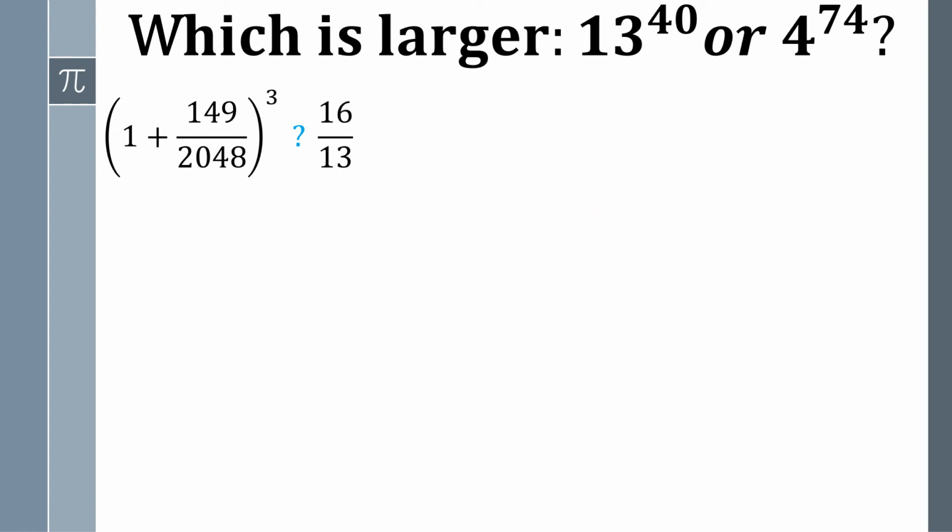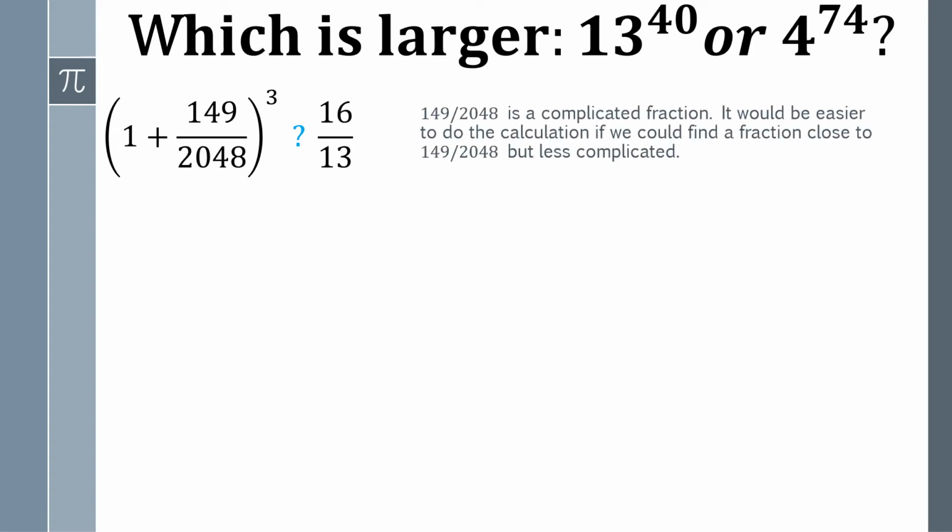In this inequality to be solved, 149 over 2048 is quite a complicated fraction and it's not easy for us to calculate. It would be much better if we could find a fraction close to 149 over 2048, but less complicated. To do so, there are some tricks that we can do. First of all, if we do a simple division, we can get 2048 over 149 is in between 13 and 14.